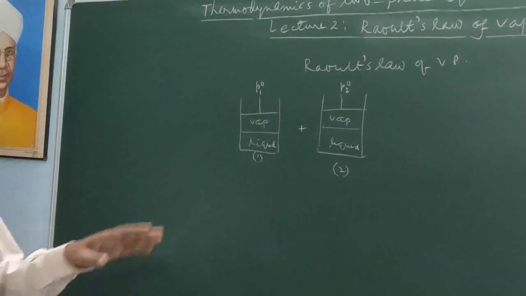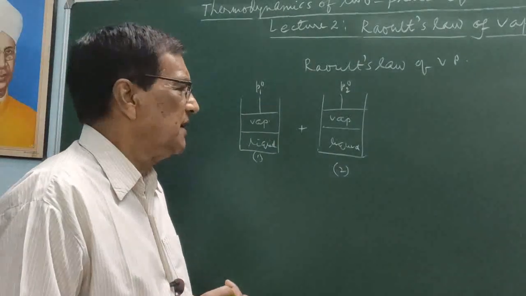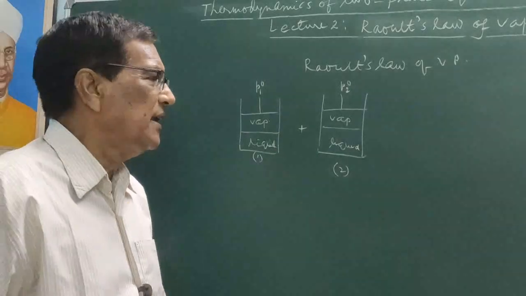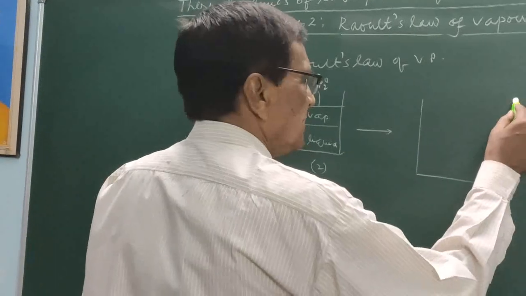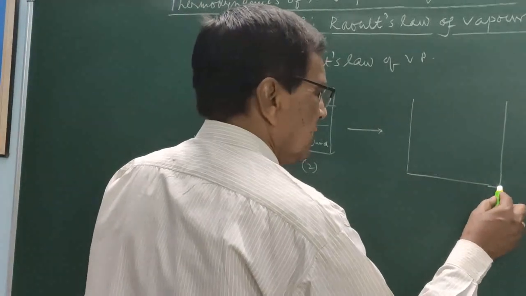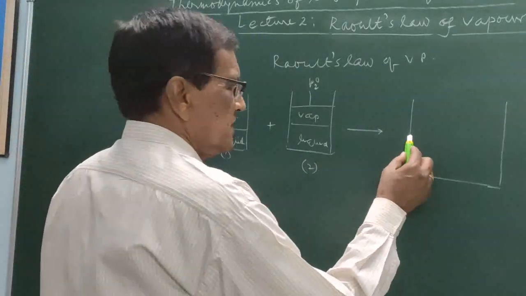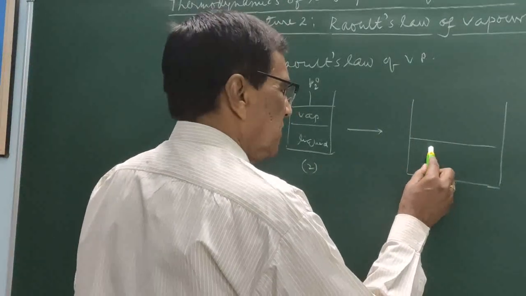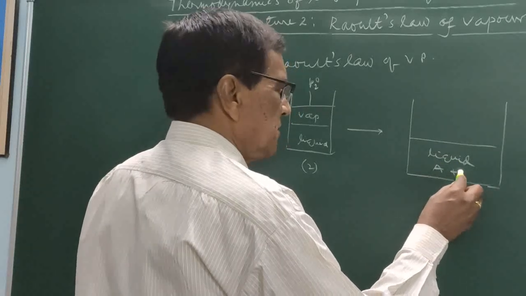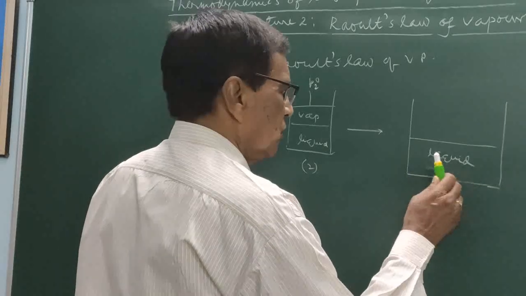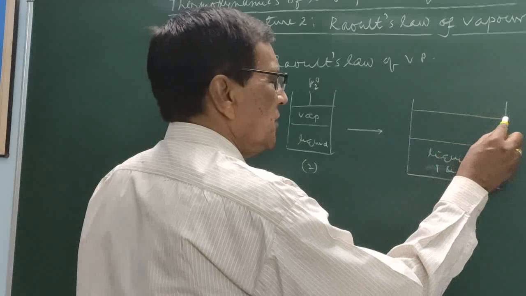Whenever these two different liquids are mixed up and form a solution in which both the liquids are volatile, then we get a solution of the two volatile liquids, and this is the liquid phase, A plus B, or 1 and 2, both the liquids are here, and it is the vapor.